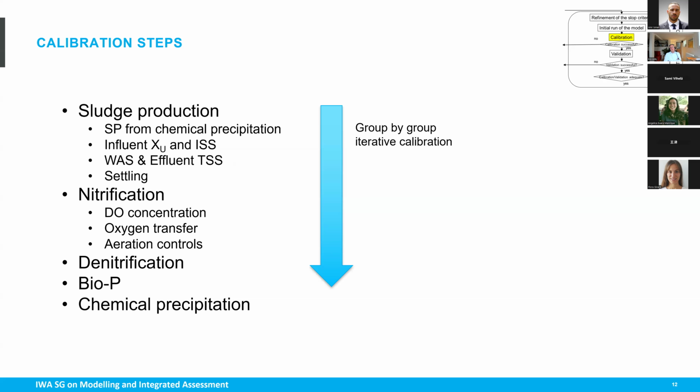I recently saw a presentation on N2O modeling, and they calibrated up and down, but they couldn't even match the sludge production. So how can you assume that you can get proper results for N2O if your sludge production is not fitting? That basically means the basics are wrong.